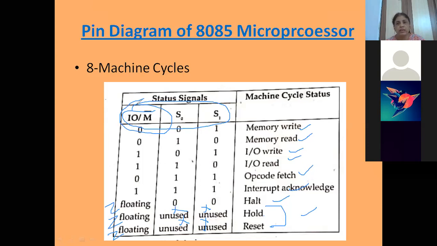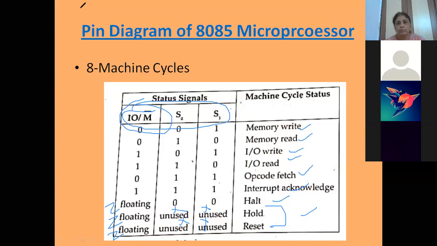So in this we can use same addresses for input output and memory location, and when we combine this IOM bar signal along with S0 S1 status signal, then we will have 8 machine cycles that will tell the current status of microprocessor, that right now what microprocessor is doing. Clear. I think this is clear to everyone. If you have any doubt, if some repetition is required, then I can explain.